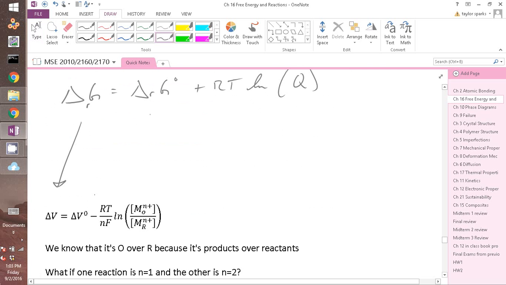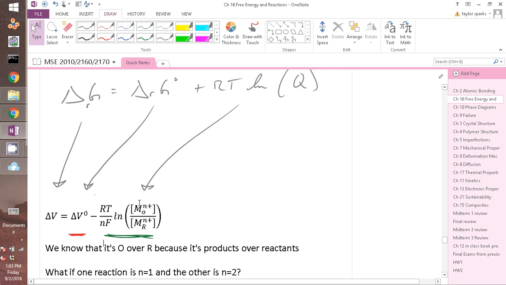It still has a theory component and an experimental component. We just had to modify it by n and F. And you'll find that if you plug in the gas constant, temperature, n and F, it will come out in units of volts, and it needs to, since you're solving for something in volts.